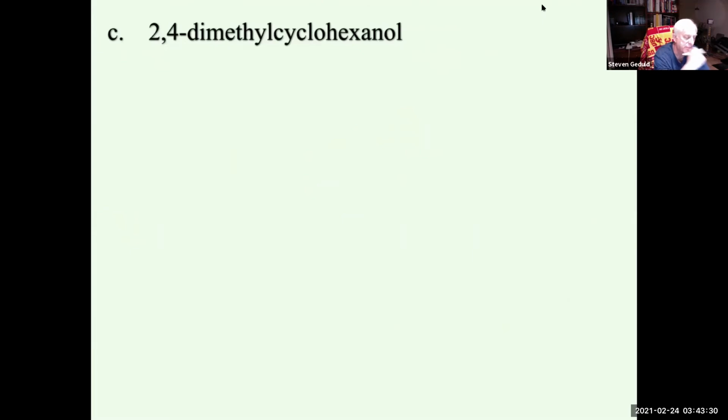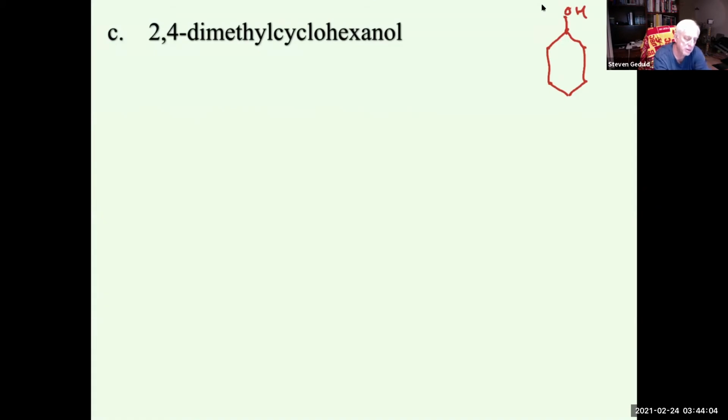2,4-dimethylcyclohexanol. So cyclohexanol is how many carbons in a circle? 6. Perfect. So 6 carbons in a circle. Okay, so cyclohexanol, let's make this number 1. By definition, we put our OH group there. That's number 1. So 2,4-dimethyl, that's cyclohexanol right now.